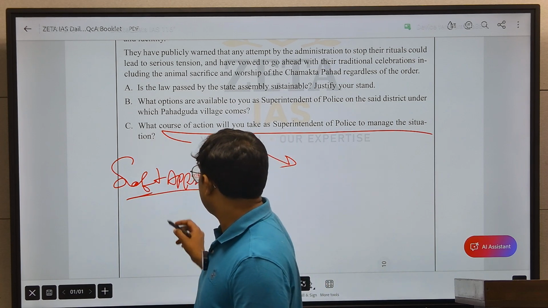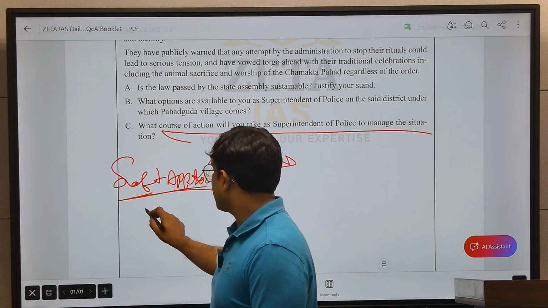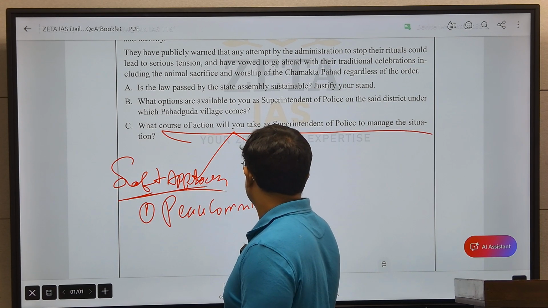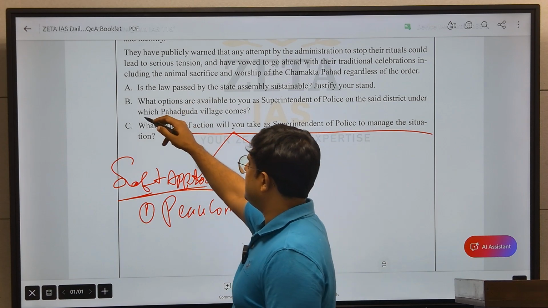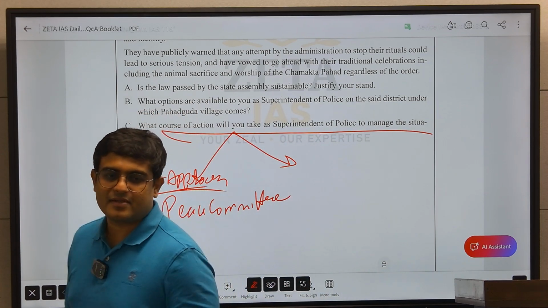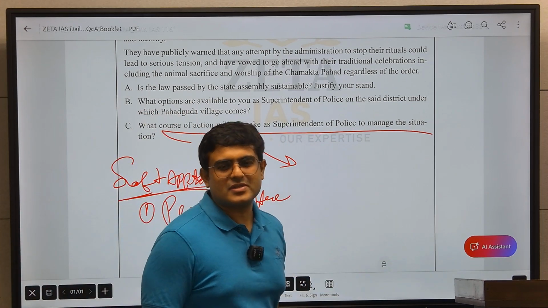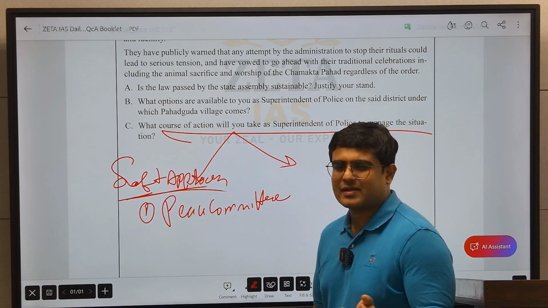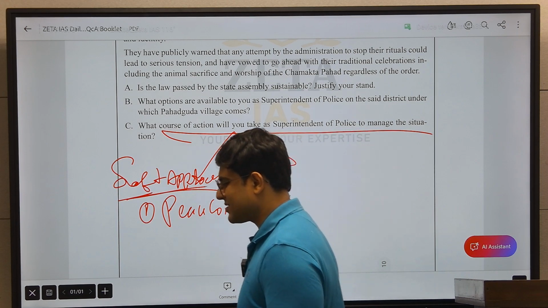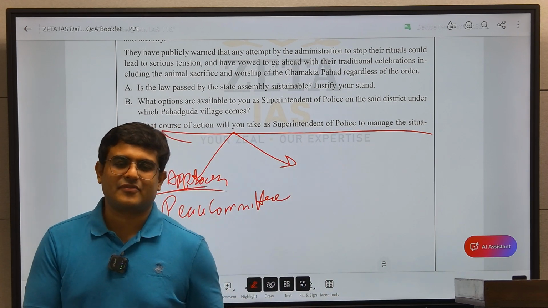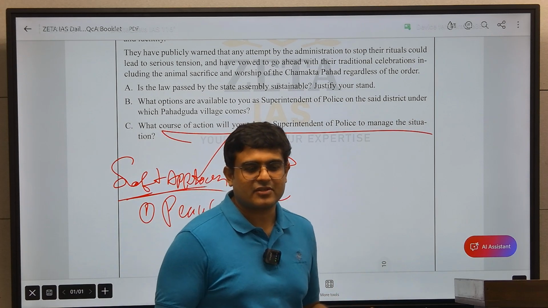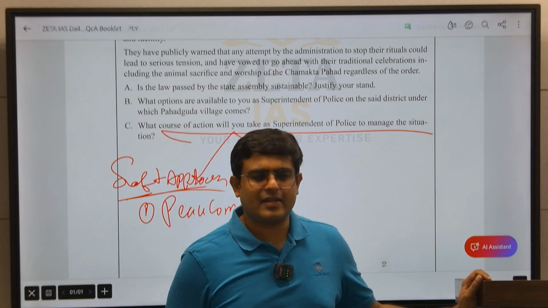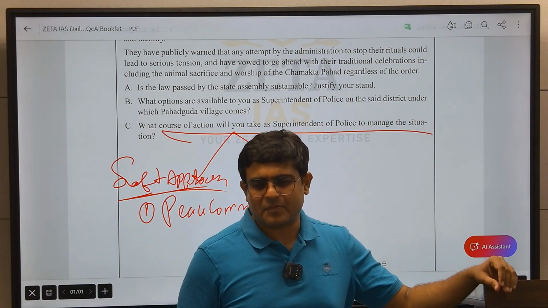Okay, so what is the soft approach here? It can be a peace committee with all the stakeholders, that is the Shulu Shanti sect people, then the tribals, the head of the tribals, the representatives of the tribals. You talk with them and try to find a middle ground, like we discussed in one of the options: that so and so foothills you sacrifice, but if they are sacrificing other foothills, take no objection, let them sacrifice, then you take prasad at the Chamaktapad and have prasad there.